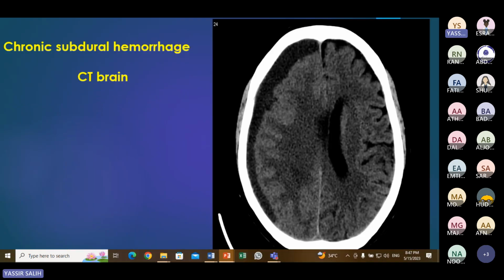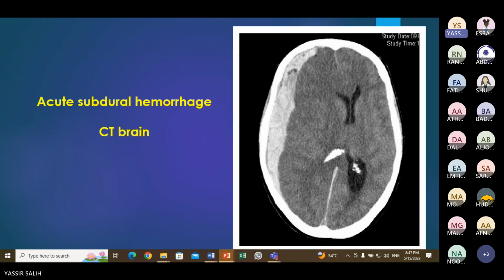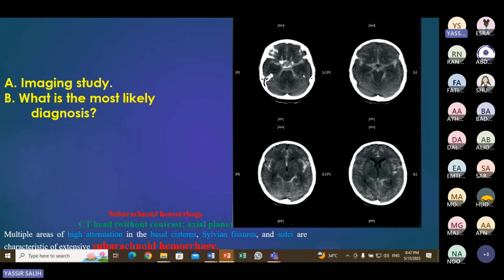If we go back to any CT, you find the normal sulci and cisterns because of the CSF. In the subarachnoid hemorrhage, it becomes hyperdense. This is the blood circulating in the subarachnoid space, so it appears in the cisterns, sulci, and Sylvian fissure like this.